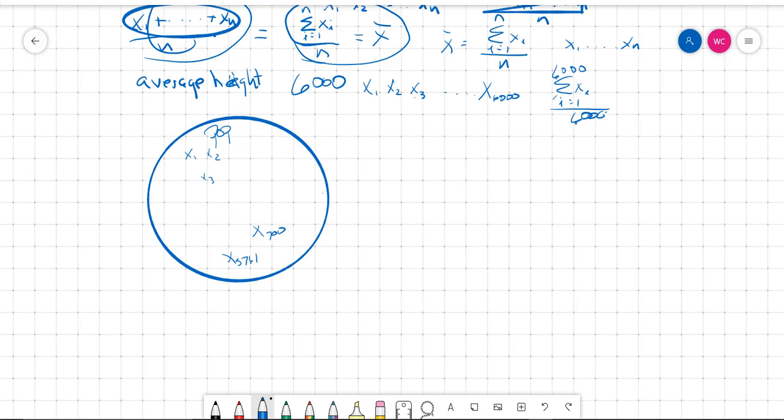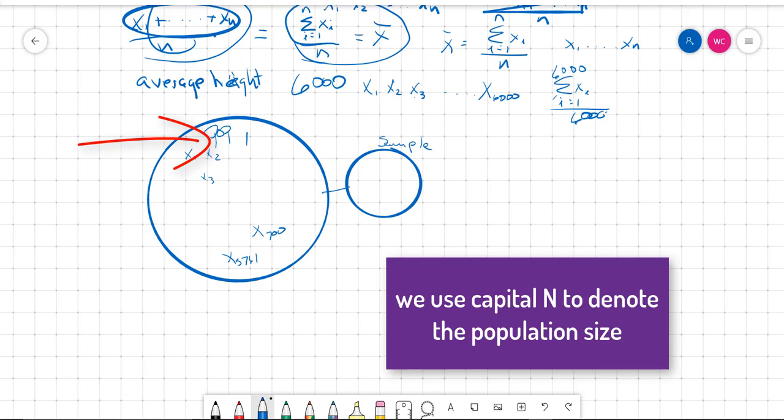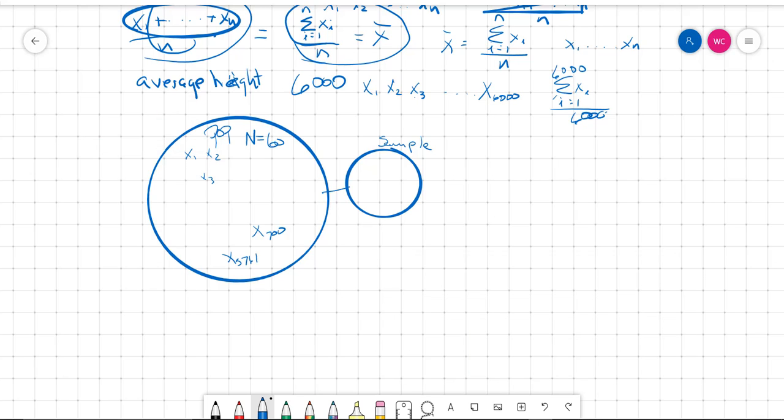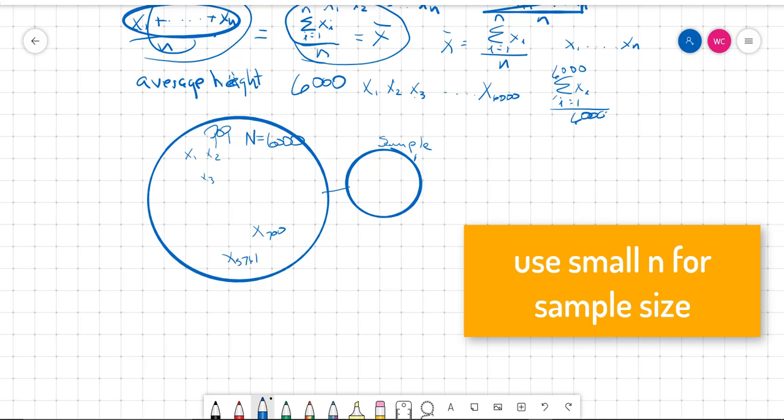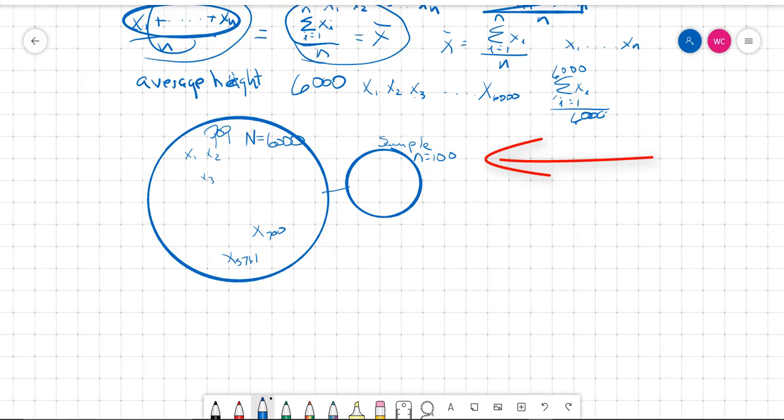I'll draw it like this. We'll take a sample, and we'll call this the sample. So for the population, let's say we use the capital N to denote the size of the population. And let's say the sample, we use a small n for that, is 100. Okay, so suppose we have the sample of 100.